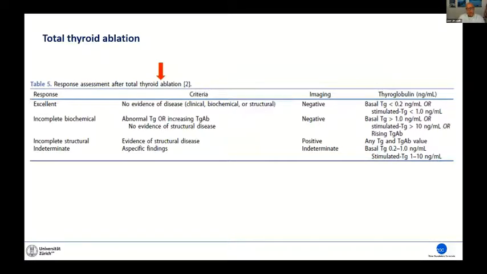And we can then subdivide patients with incomplete biochemical or incomplete structural disease based on imaging or intermediate levels of thyroglobulin. And finally, there is the category of indeterminate, where thyroglobulin levels are in the low end of the measurement range.